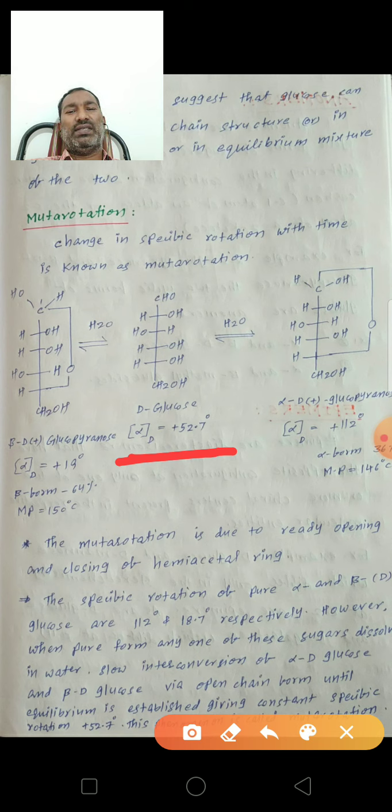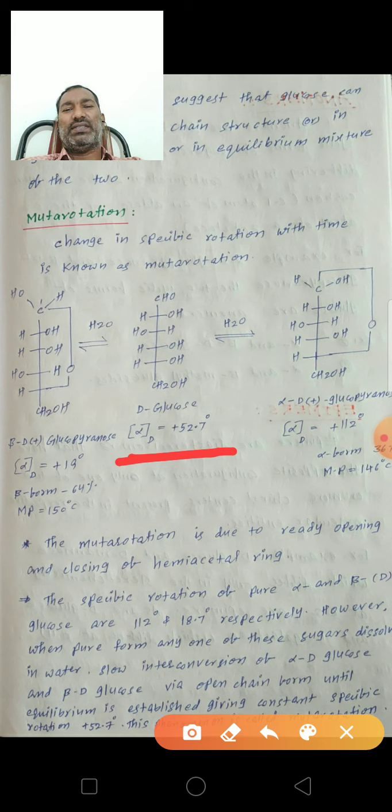Then the specific rotation gradually decreases to plus 19 degrees. That means alpha D glucopyranose converts back into the open chain structure dissolved in water, and this open chain structure converts into beta D plus glucopyranose. The specific rotation of beta D plus glucopyranose is plus 19 degrees.